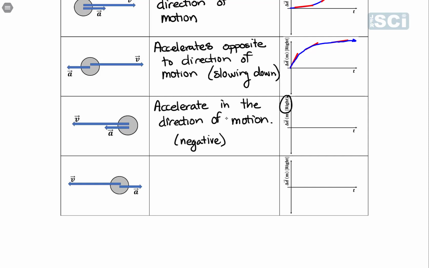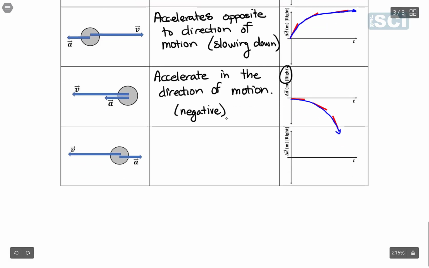So my displacement should be negative because it's moving to the left. Now it's getting faster and faster and faster to the left. So initially, let's assume it's going very slow, and then it gets faster. So the steepness of my line gets larger, and then even steeper. So if I connect these, I get that my curve is going downwards. Okay, so that is characteristic of the acceleration and the velocity both being in the negative direction.